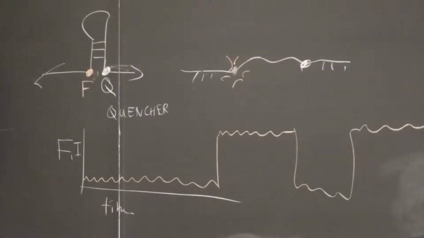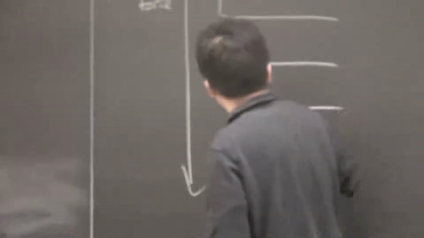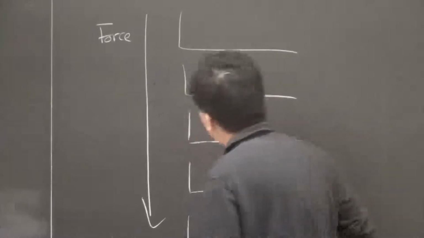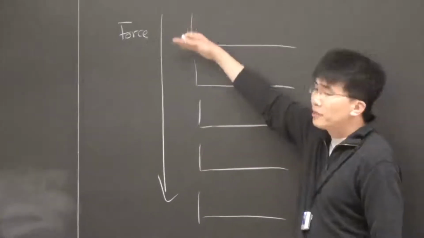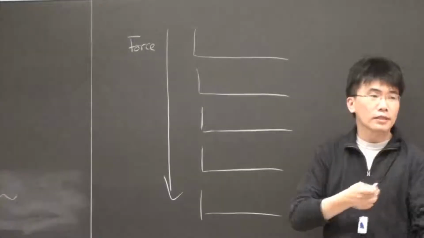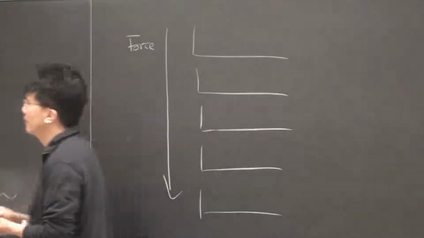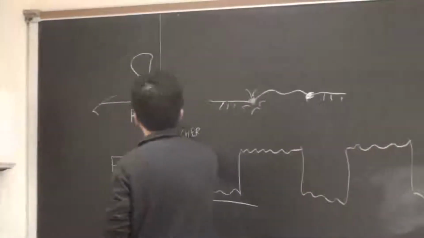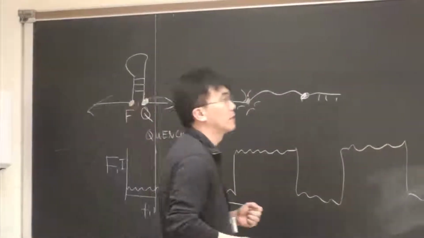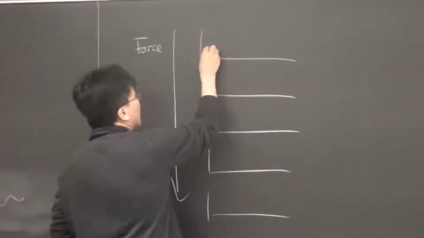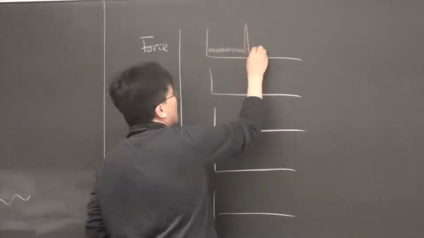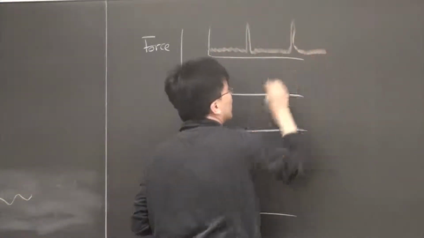Now, if you measure this at different forces, let's imagine performing several different experiments as a function of time, but as you increase the force. At low forces, you prefer this closed state. So your fluorescence will remain very low, and occasionally maybe spike up, and so on.